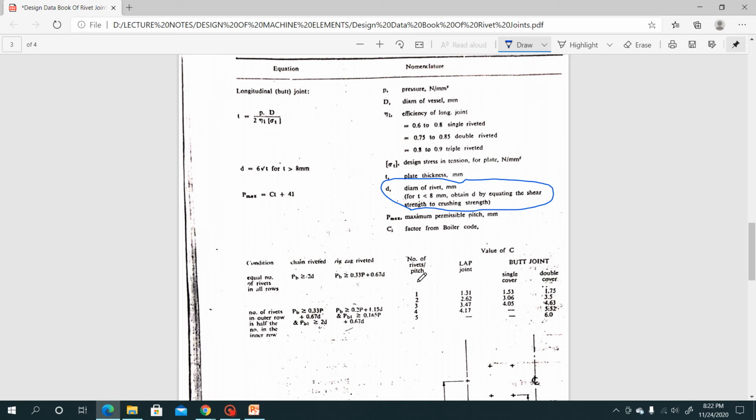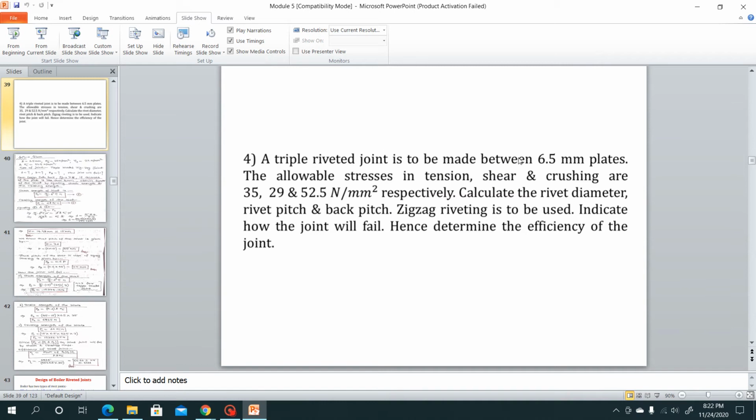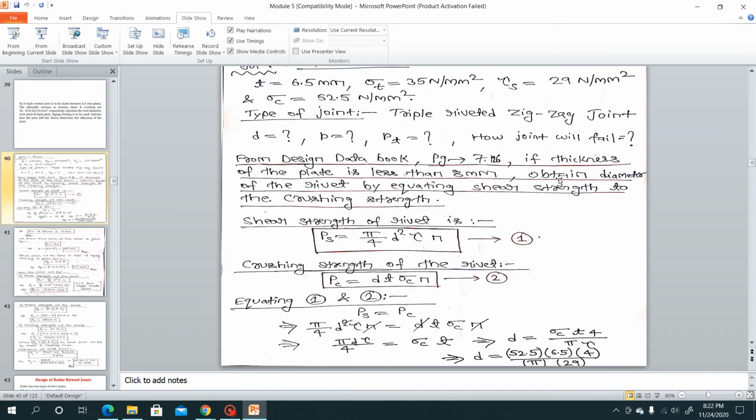In my given problem, the thickness of the plate is 6.5 mm and it is less than 8 mm. So from design data book page number 7.126, I have to find the diameter of the rivet by equating the shear strength of the rivet with the crushing strength.